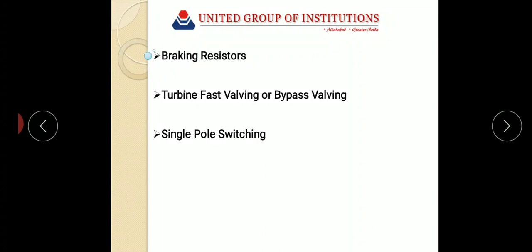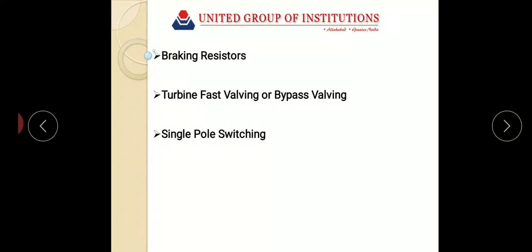So the braking resistors are connected immediately following the fault and remain in the circuit for a few cycles, and they are disconnected at the moment of reclosure when the system voltage has recovered.